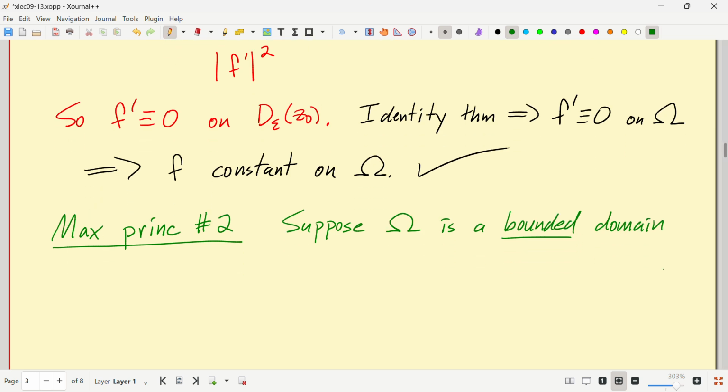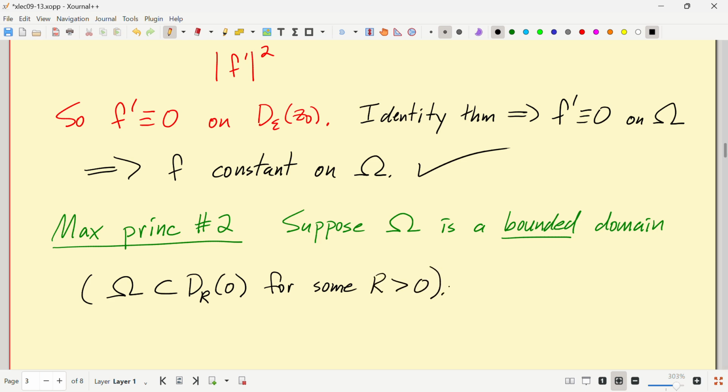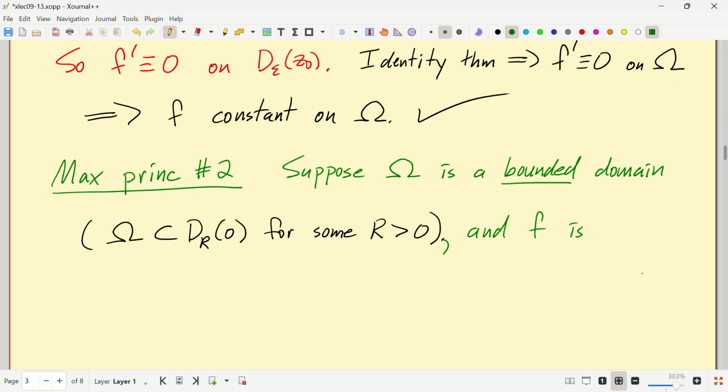That means that omega is contained in some big disk. So we're going to assume it's a bounded domain, and f is continuous on the closure of omega. That would be a closed and bounded set.